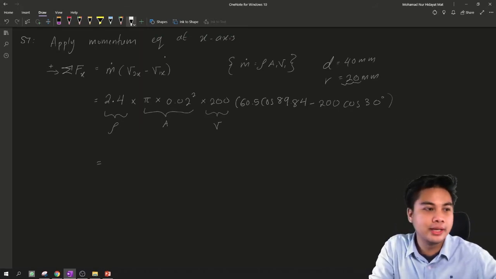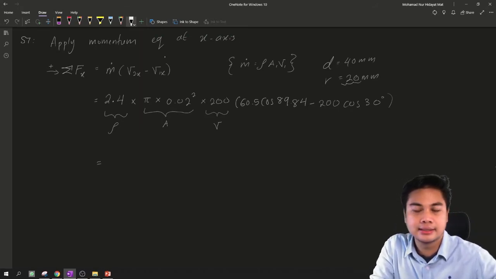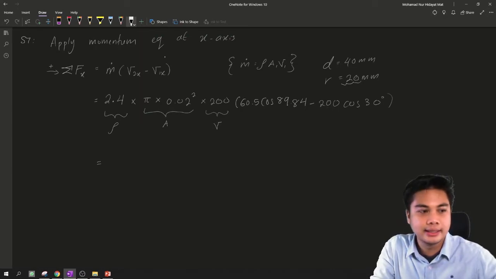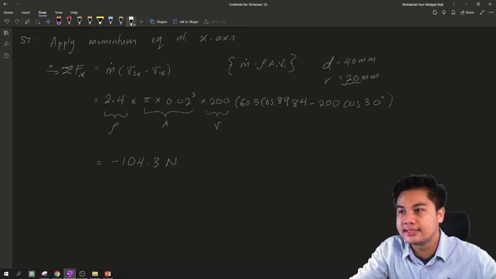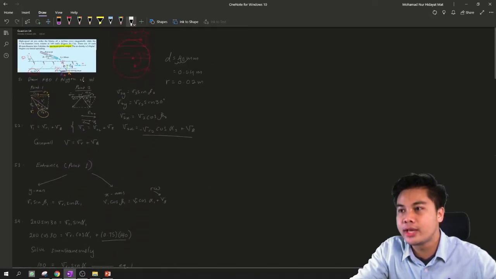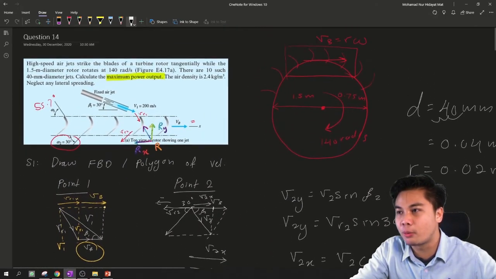So using a calculator, you will find out that the answer for this is negative 104.3 Newton. Alright, remember that this is the summation of force. Do we have any forces in x component? So here we have the reaction force.